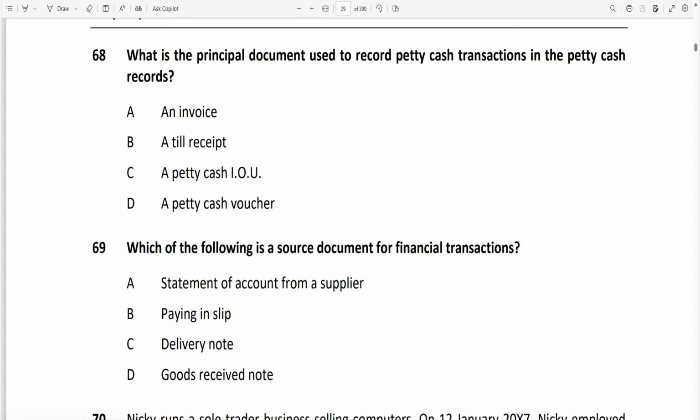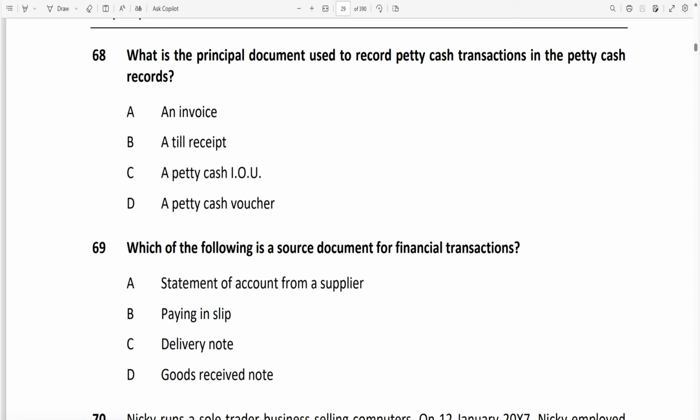Okay, so the next option is B, paying in slip. A paying in slip is a document used when depositing money, might be cash or cheque, into the bank account. It records the details of the deposit such as the amount and source, making it a source document for recording the financial transaction, because it provides evidence of the transaction.